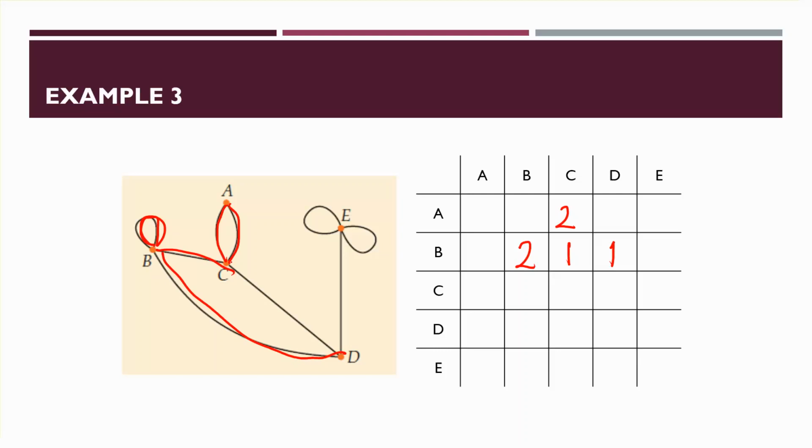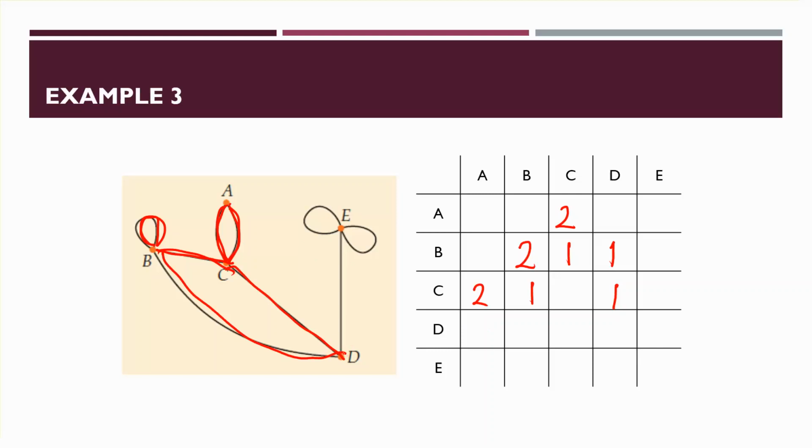Let's look at C. Well, C can go to A twice. It can go to B. It can go to D. Can it go to itself? Well, no, there's no loop in there. Can it get to E? No, it can't.